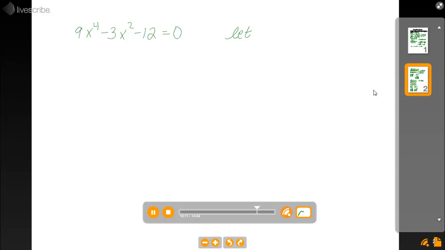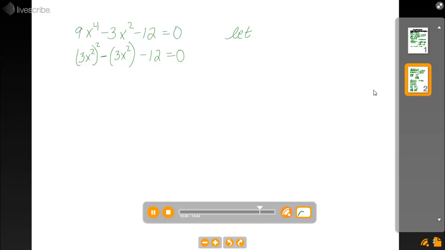9x to the 4th, if you recognize that that's the quantity 3x squared, squared, that makes things a lot easier. And notice that 3x squared shows up again in the second term. So by rewriting that quartic as really a quadratic in something squared, now we can actually factor this.